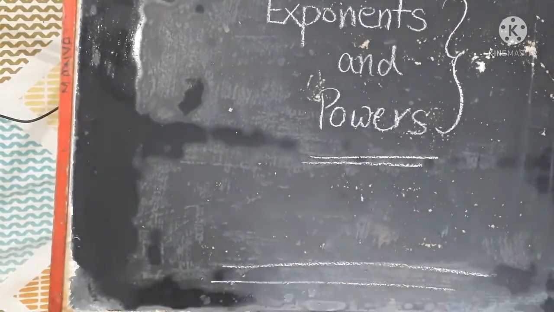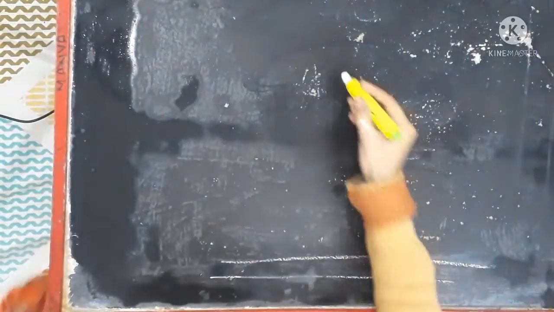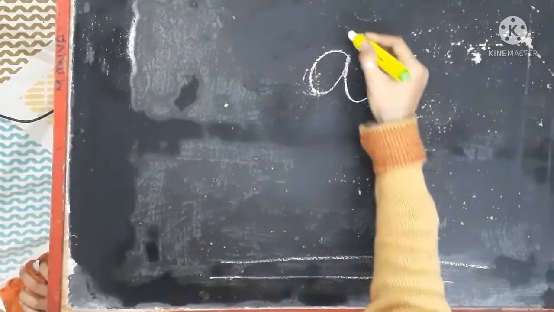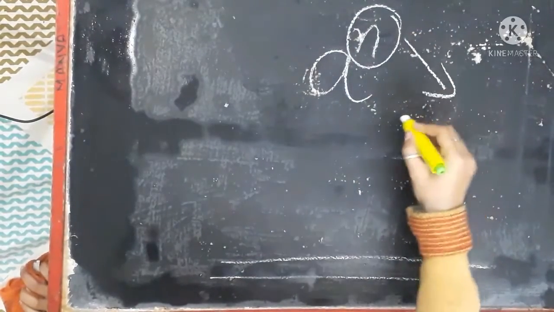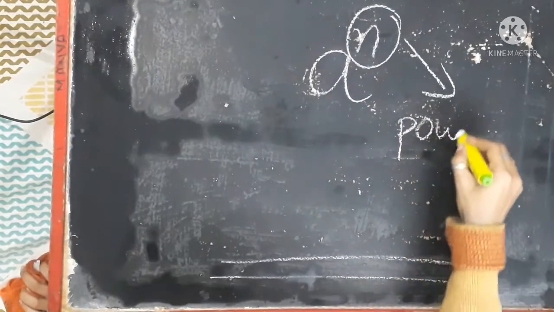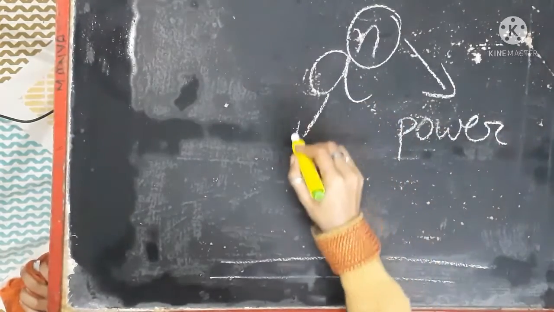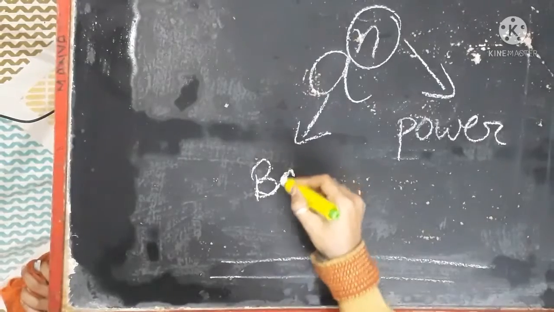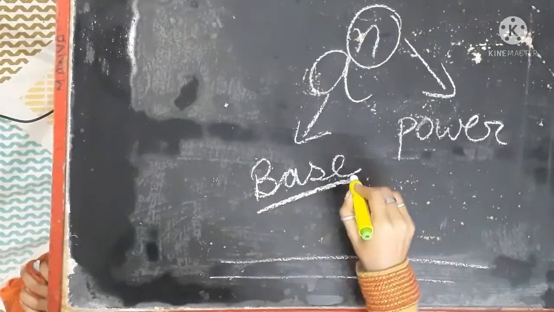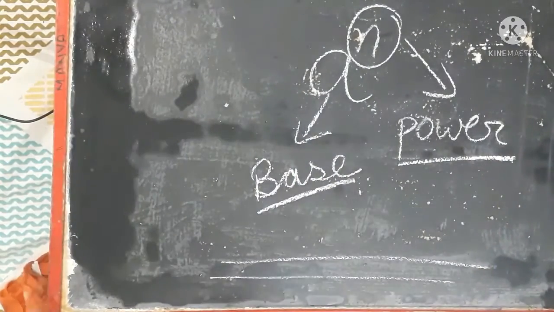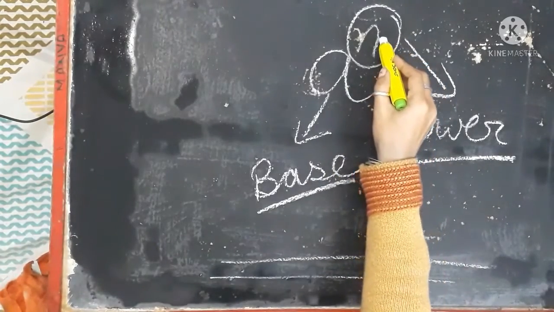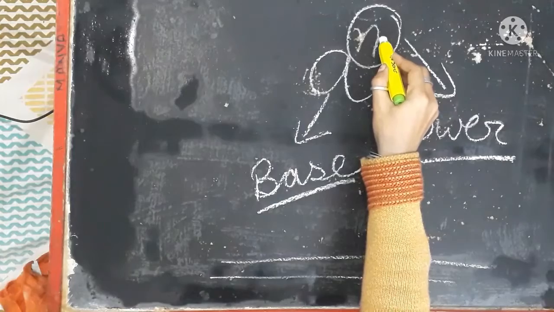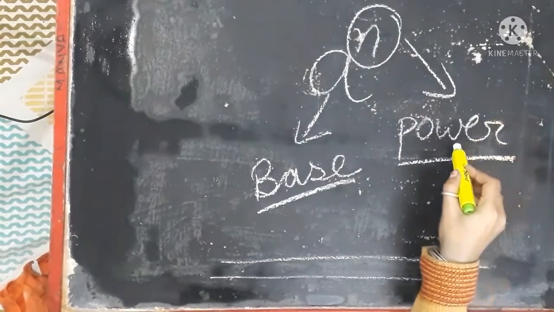Let's say if we write a raised to the power n. So here this is the power and a is the base. So first of all we'll learn that a is the base and whatever is the superscript is called the power.